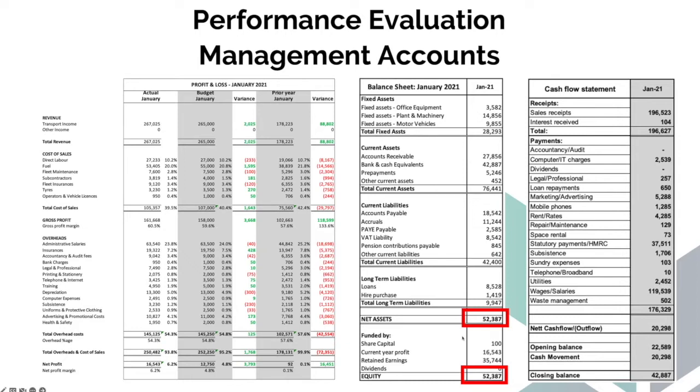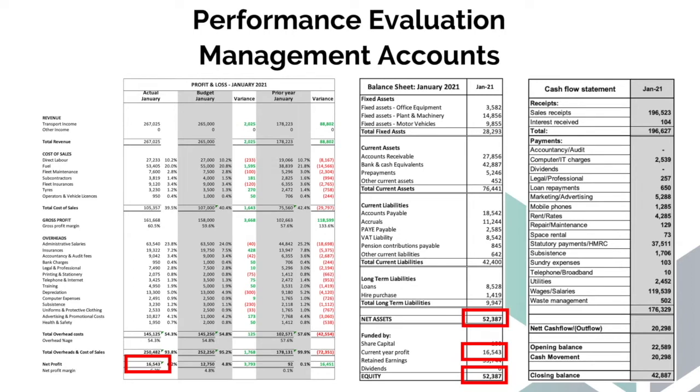So if that number was anything other than 16,543, then this wouldn't agree with this and the accounting equation would fail. So that is what I mean by anchoring the profit and loss. By the same token, if any of these numbers in here were changed, then that would no longer equal 16,543.